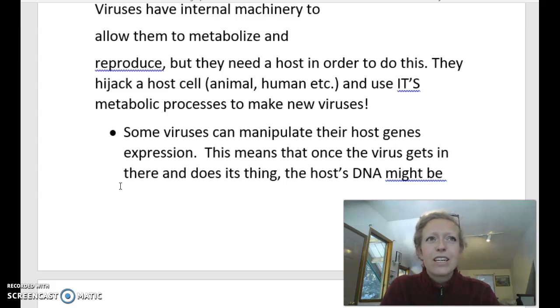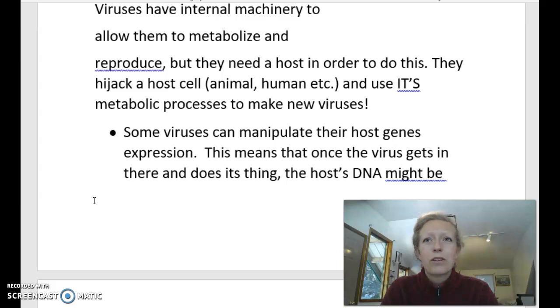So it's sort of a cool, creepy, mean thing for a virus to do, but it also makes them extremely versatile, it makes them adaptable, and it makes them a little scary. Some viruses can manipulate their host's gene expression.